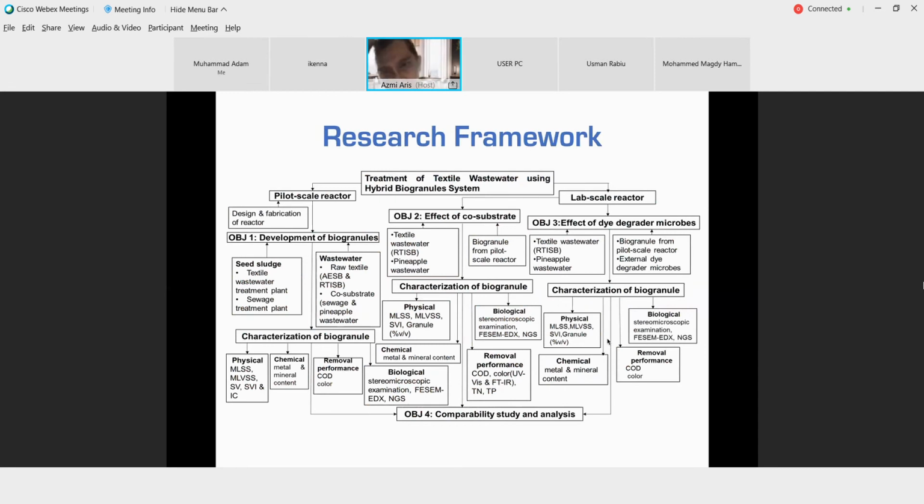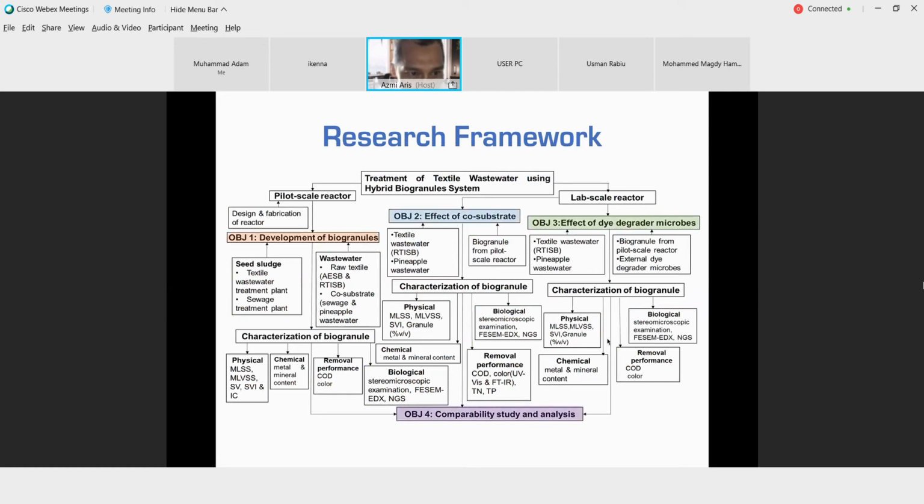This is a research framework, an example from my student. It is good if you can have such a framework before you start your data collection. If you see here, the title is Treatment of Textile Wastewater Using Hybrid Biogranule System.